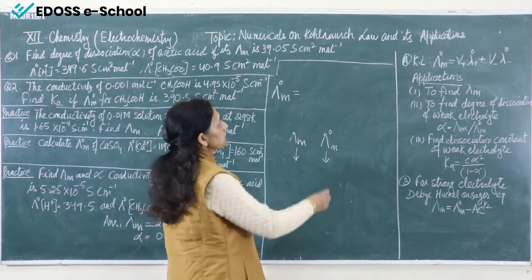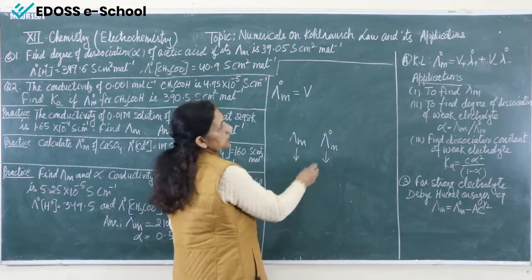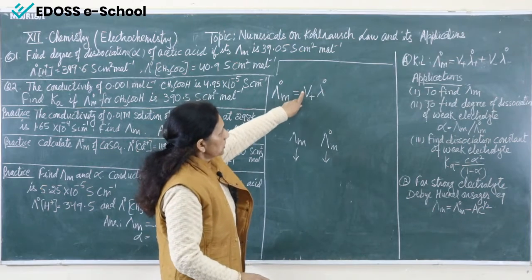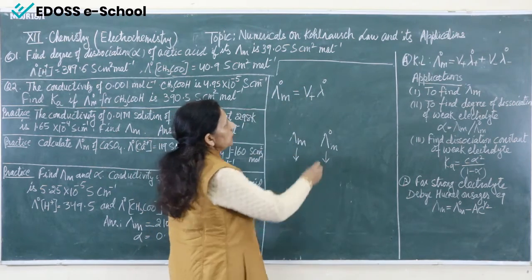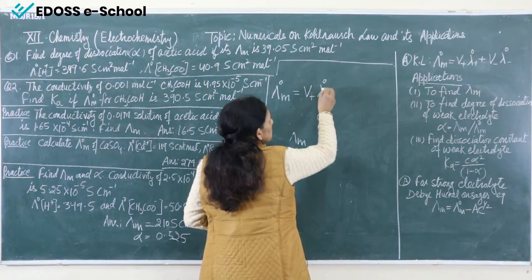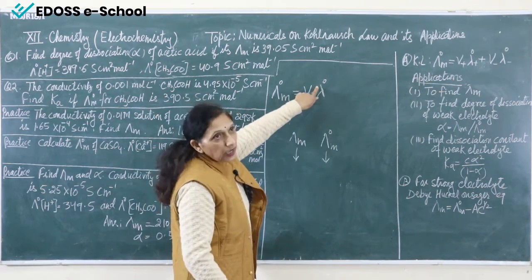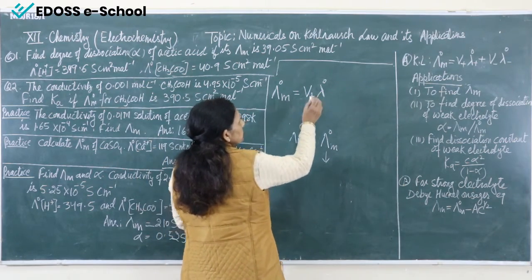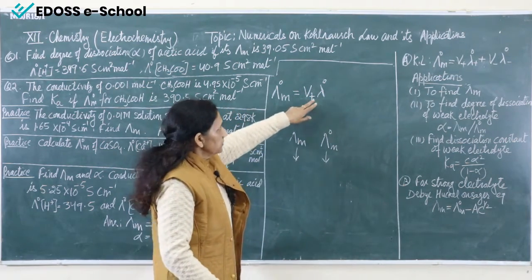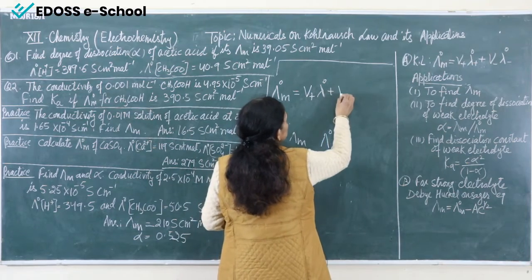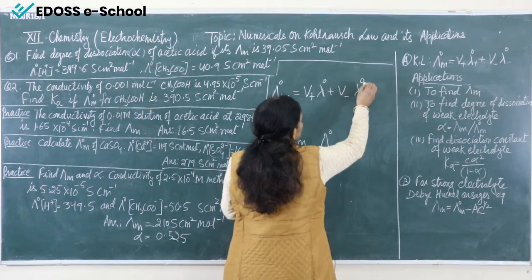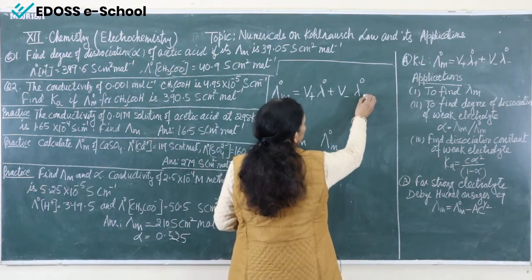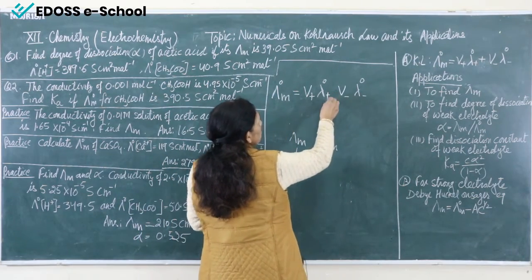of lambda naught for anions, with the number of anions, plus that for cations. So this is minus and this is also minus, this is plus and this is also plus.